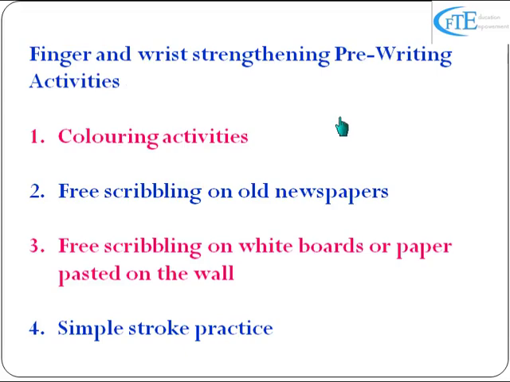Now it is important to give the child finger and wrist strengthening pre-writing activities. Coloring activities, free scribbling on old newspapers, free scribbling on white boards or paper pasted on the wall, and simple stroke practice.